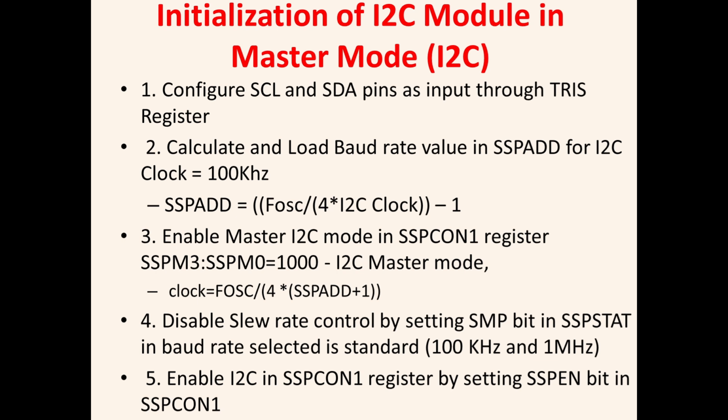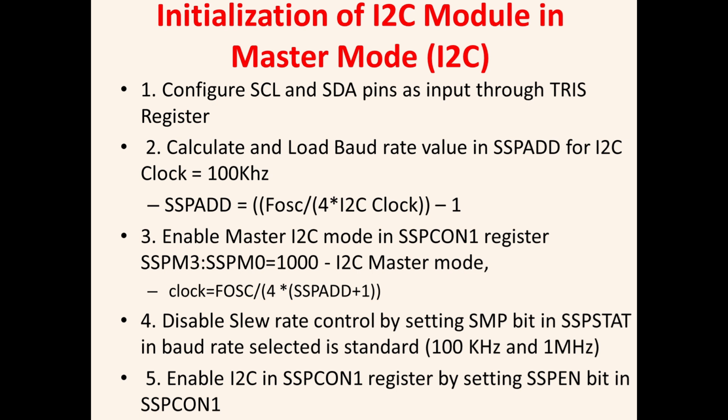If you want to program this MSSP module in I2C mode, first you need to configure the SCL and SDA pins through the TRIS register. After that, we need to calculate the baud rate for your slave address. For example, the standard clock for I2C is taken as 100 kilohertz.